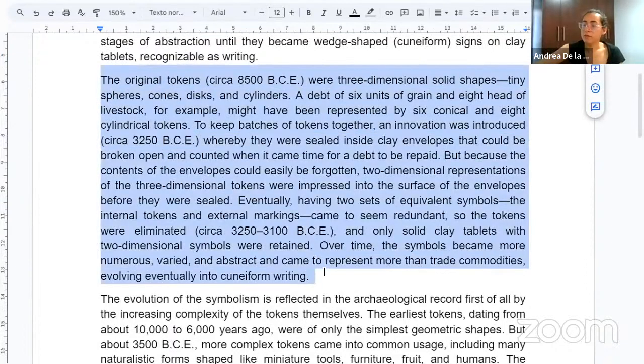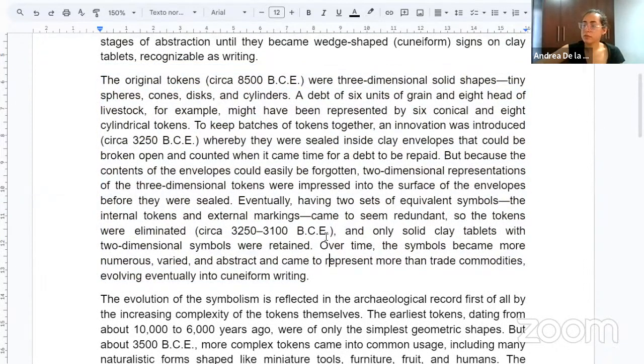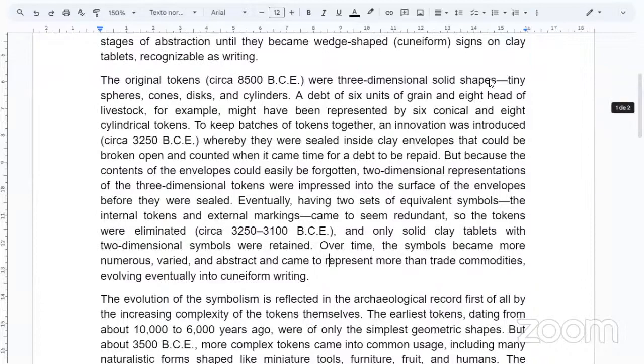What about the second part? Maybe the last sentence, over time, the symbols became more numerous.